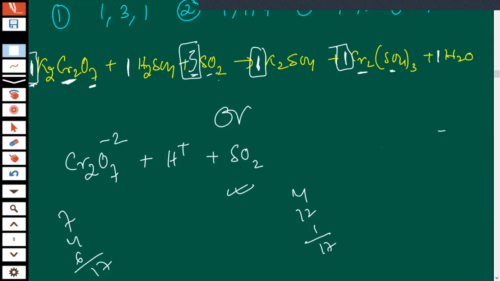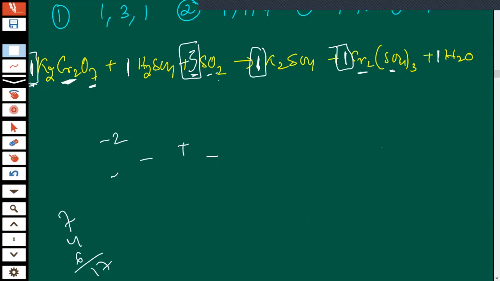If we would not have got the answer, we would have gone directly to the ionic form. Ionic means we would have removed the unnecessary cations over here, right? Ionic method is different and ion electron method is different.